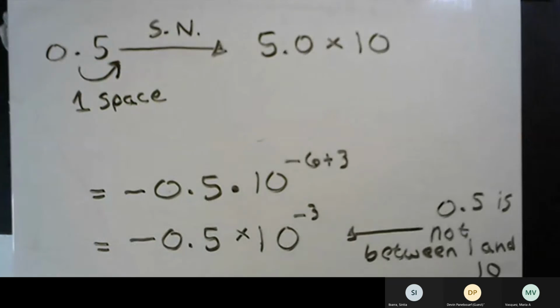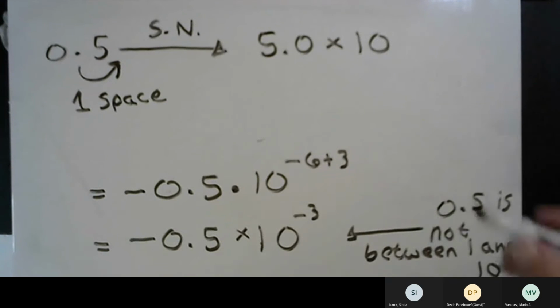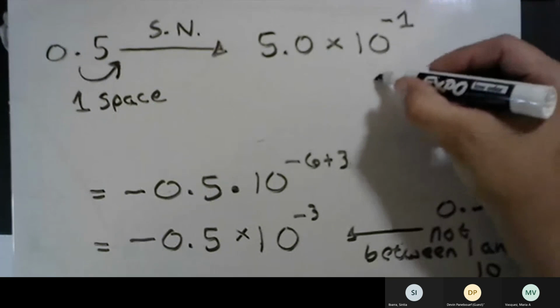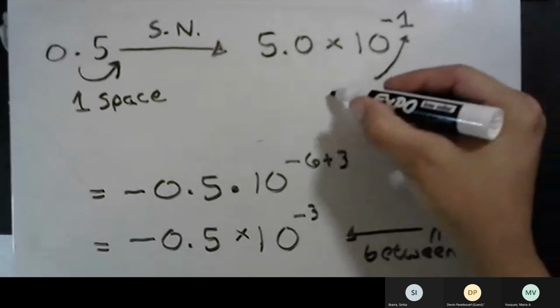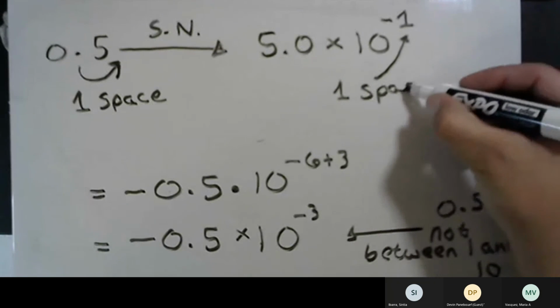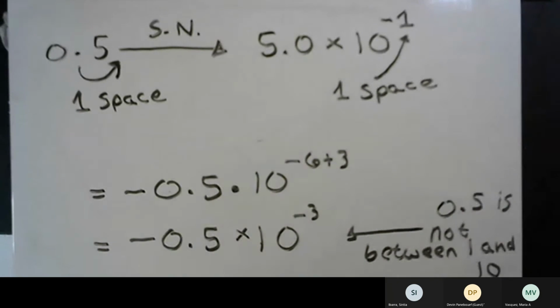And then with small numbers, we're always dealing with negative exponents. So we'll have a -1, and that's for that one space to the right. But small numbers always deal with negative exponents.